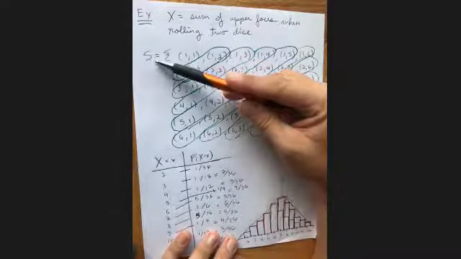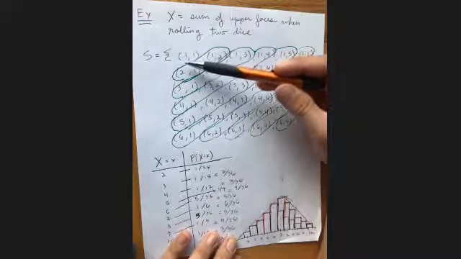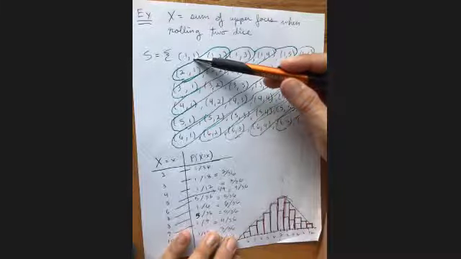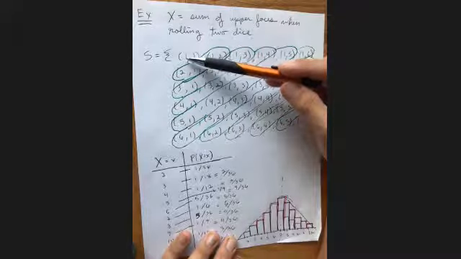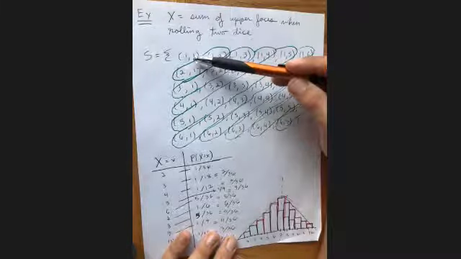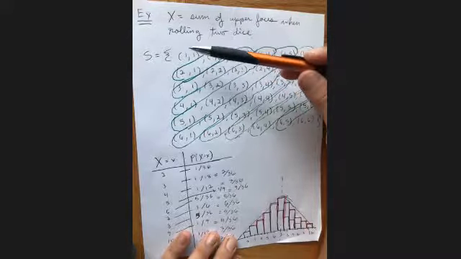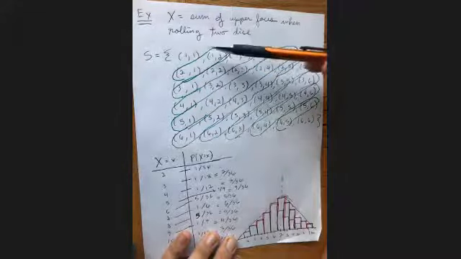The sample space S consists of pairs of results, one result being for the first die, the second result being for the second die. So this particular coordinate pair, 1, 1, represents the event when you roll the two dice and you get a 1 and a 1. Okay, and so on and so forth.